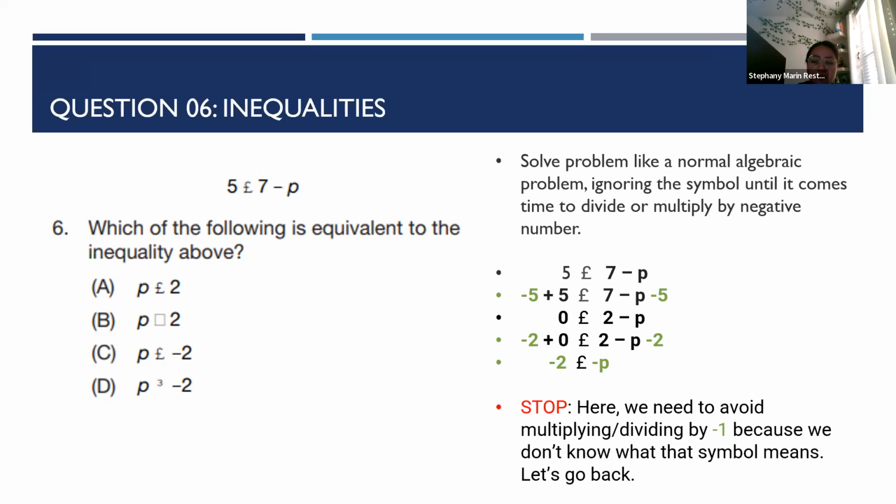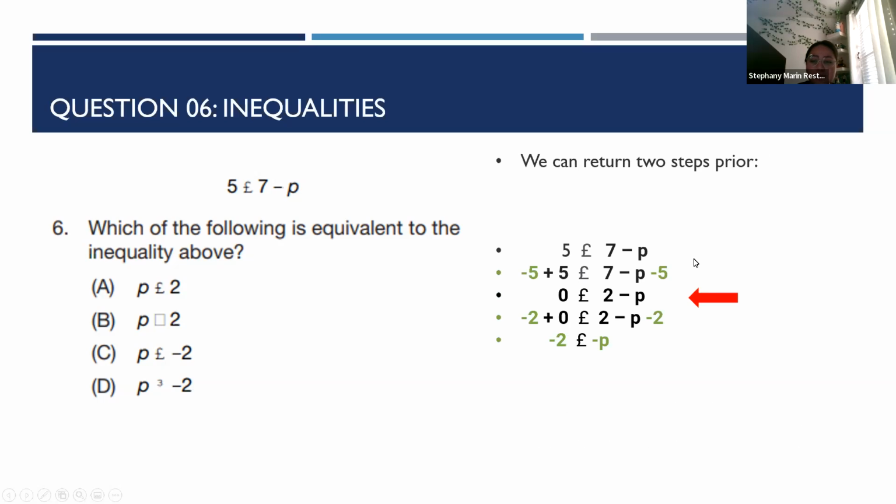We need to avoid multiplying or dividing by -1 because we don't know what the symbol would change to if I divided by a negative number. So we need to go back, specifically to the step before you have to divide by a negative.